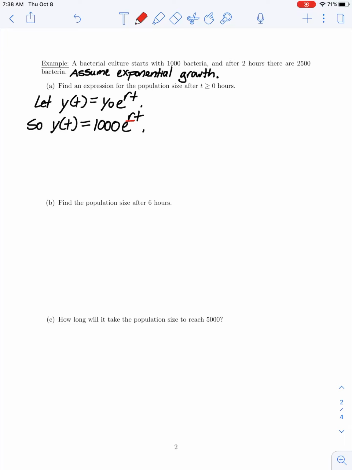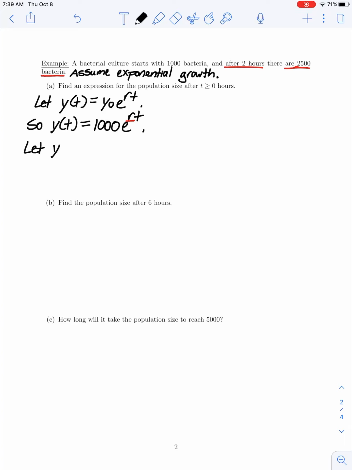Now, to find that, we're going to use the additional information that we're given in the problem statement, that after 2 hours, we have 2,500 bacteria. So we're going to use that to solve for r. So let's take our population size, which was 1,000 e to the rt, and let me write this out in a slightly different way.